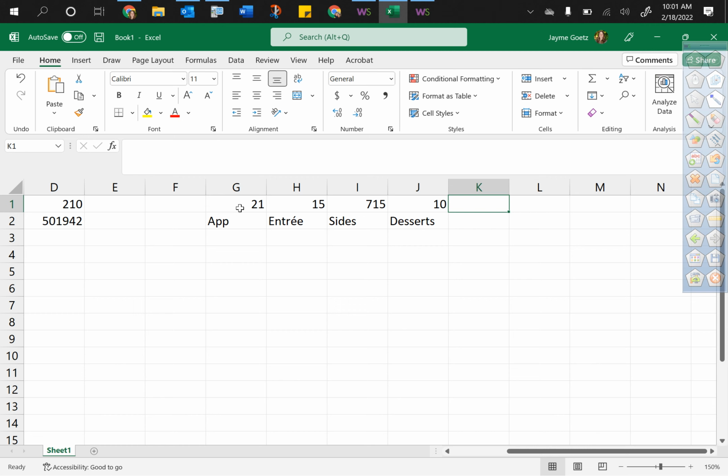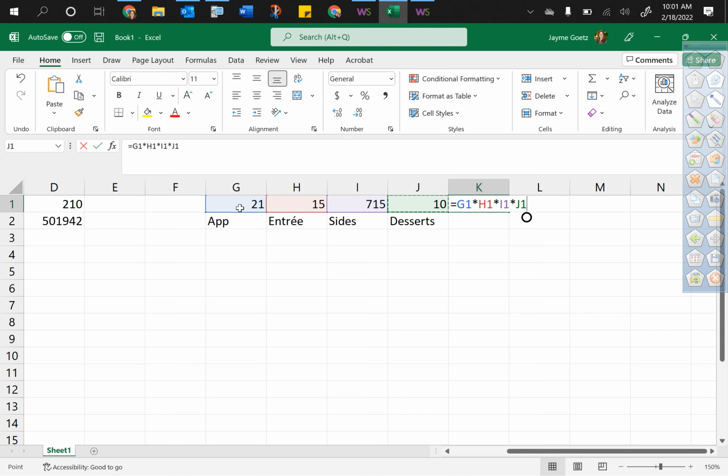Then what did we say we were going to do with all of those? Multiply. There's not like a sum feature for multiplication. You literally just have to go equals, and then I'm just going to say that cell times this cell times this cell times this cell.